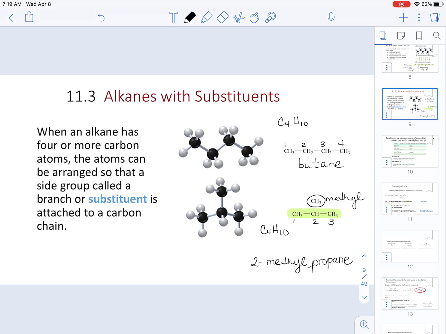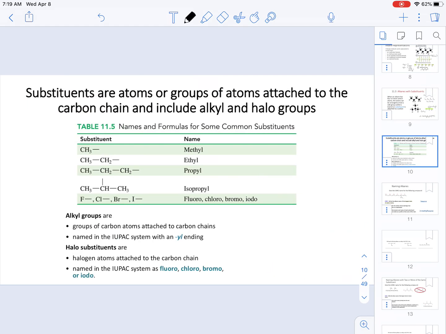Let's first learn the name of the most common substituents that you are going to be encountering in this class. So, as I just mentioned, substituents are atoms or groups of atoms that are attached to the carbon chain and include alkyl groups and halo groups. So, for the purposes of this course, the substituents that you need to know are outlined in table 11.5.